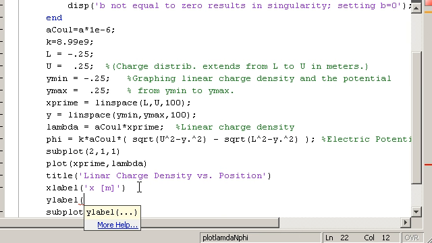I'm going to put lambda. And then I'm going to put a little backslash in there just in case that makes it so that it actually puts the Greek letter. Oh, and I want that in coulombs per meter.